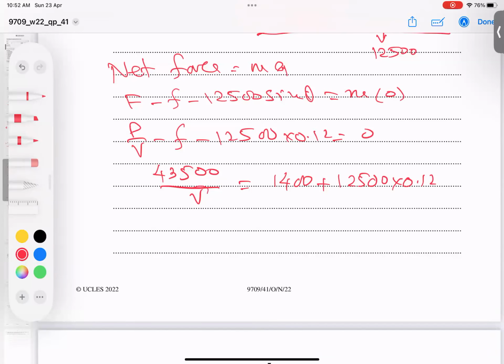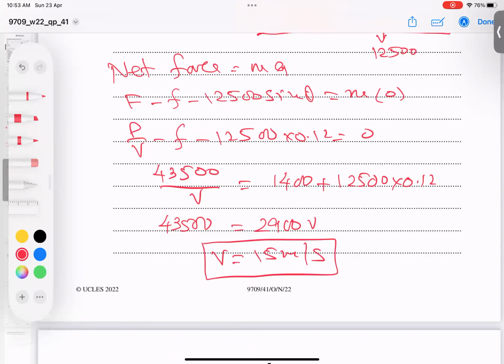And now this speed will multiply there. Secondly, I'm going to type in the calculator 1400 plus 12500 into 0.12. It is coming 2900, and V will go down and divide. It will give us velocity of 43500 divided by this answer, and I'm getting exactly 15 meters per second.